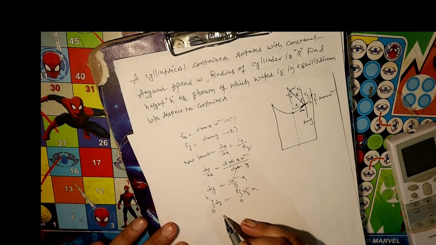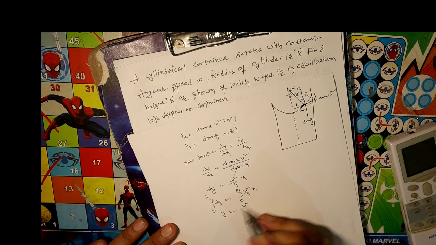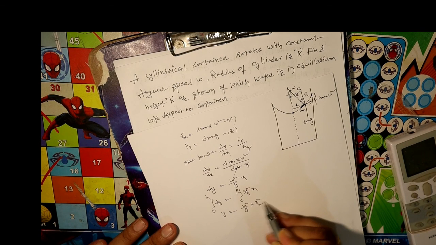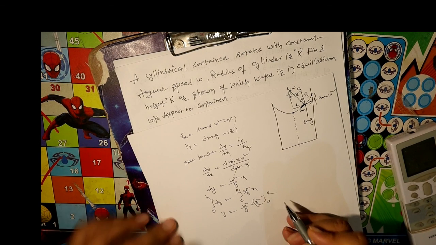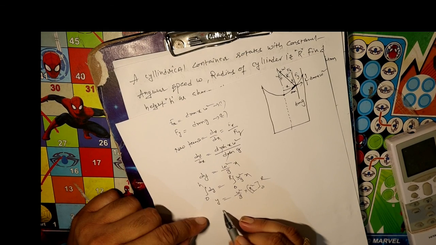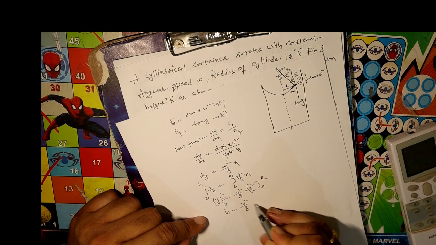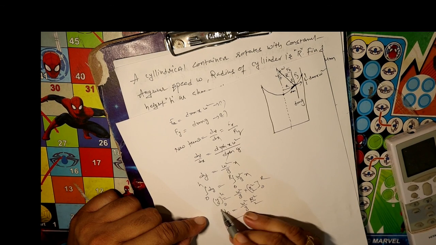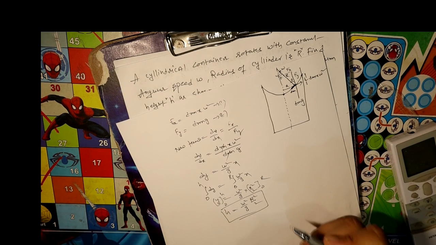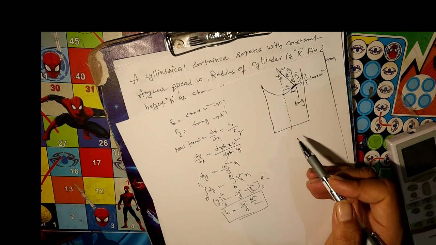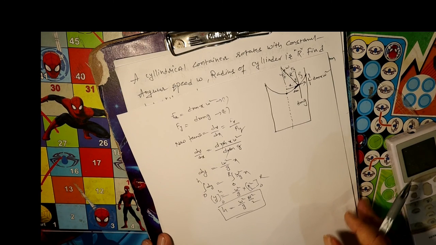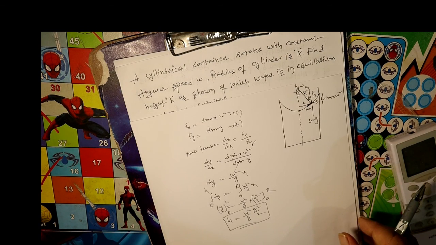So y is equal to omega square by g into x square by 2, limits 0 to r. Substituting the limits, h is equal to omega square by g, x replaced by r, square by 2. So at this height, the water is in equilibrium with respect to the container.